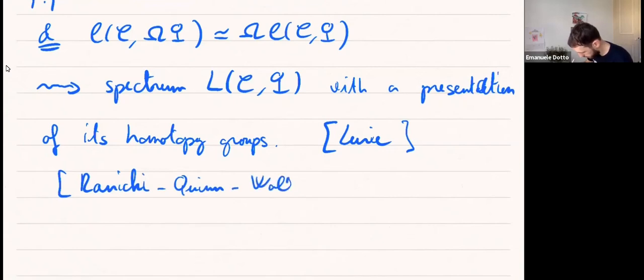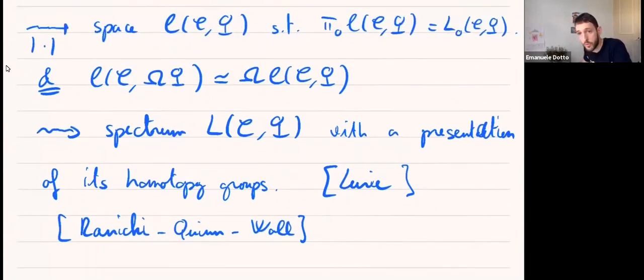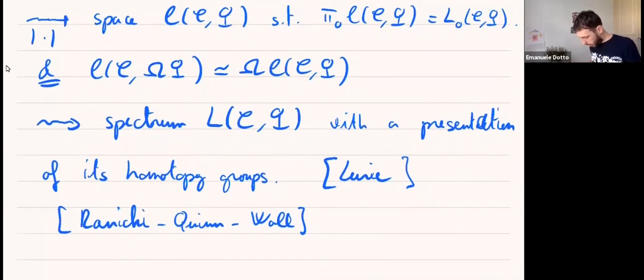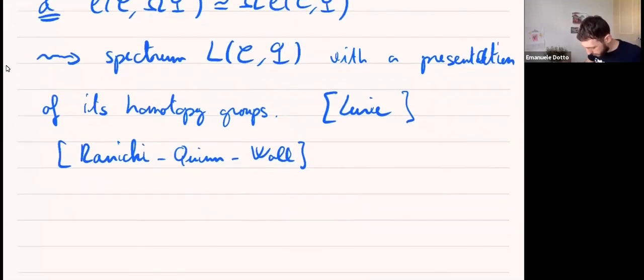And there are a lot of people I should mention here from all the surgery theory. All people that study surgery theory were looking at these groups already. Different people developed different aspects. But okay, so this is the L theory spectrum, and now I promised you some examples. So let's try to do that.